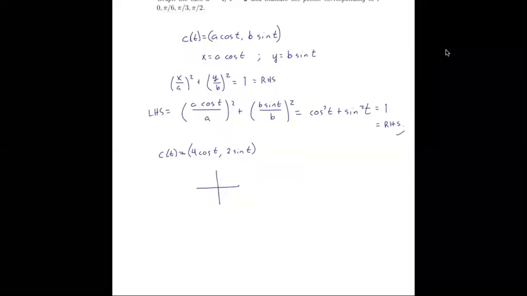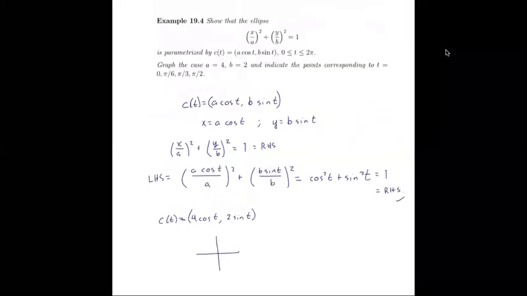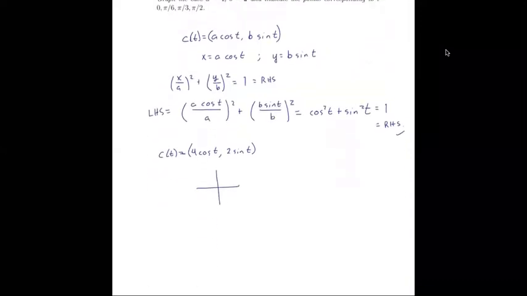So angles in between would be pi over 6, pi over 3, and pi over 2. So that's roughly here, and then the angle pi over 2 is the y-axis. So these 4 angles, 0, pi over 6, pi over 3, pi over 2, should give us points in the first quadrant.